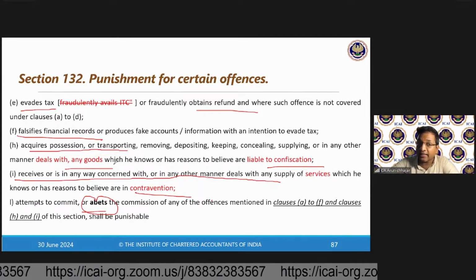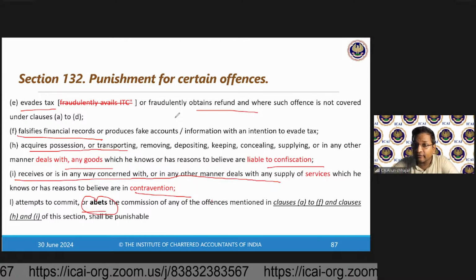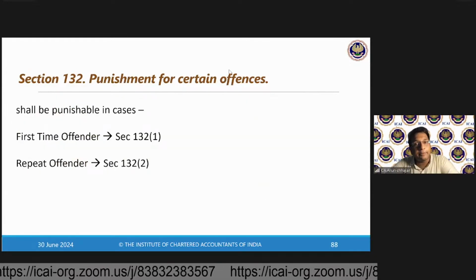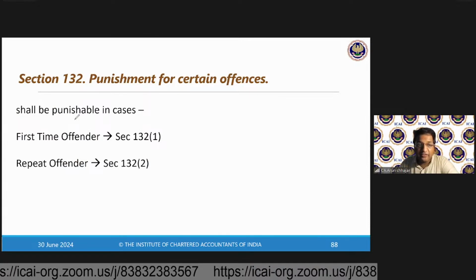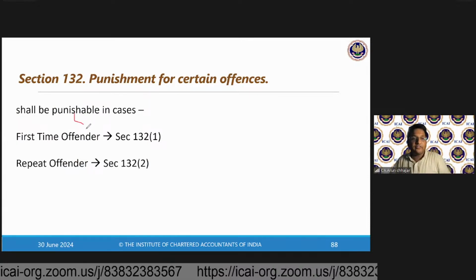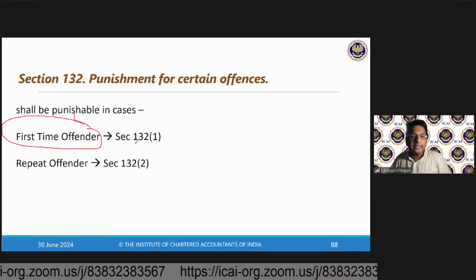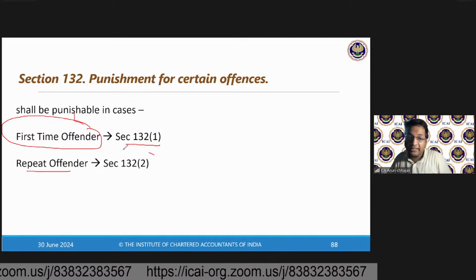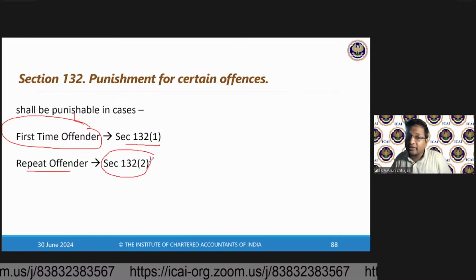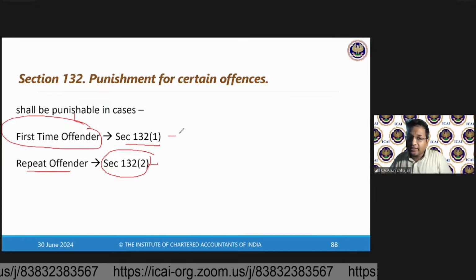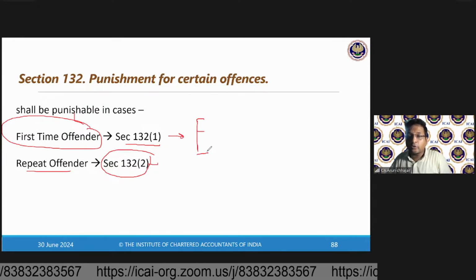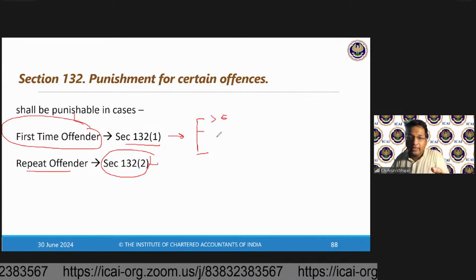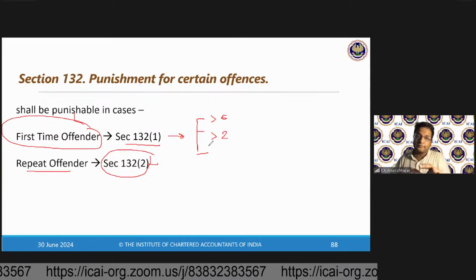These are the total 9 offenses under section 132 and shall be punishable. If it is a first time offense, then the penalty will be covered by 132(1). If it is a repeat offense, then the penalty will be covered under section 132. 132(1) is divided according to the amount quantum: if it is more than 5 crore, if it is more than 2 crore.